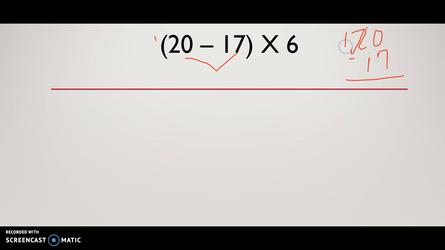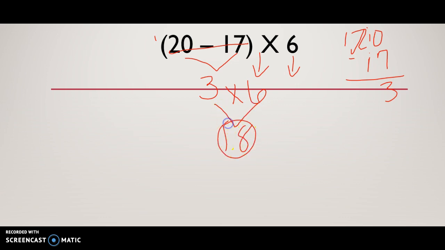Remember, you cannot take a big number from a smaller number. So it becomes 10, and that would be 3. You're going to write your answer, cross out what you did, and bring everything down that you did not use. So the only thing left for me to do is 3 times 6, which is 18.